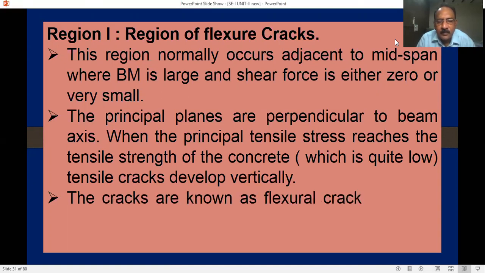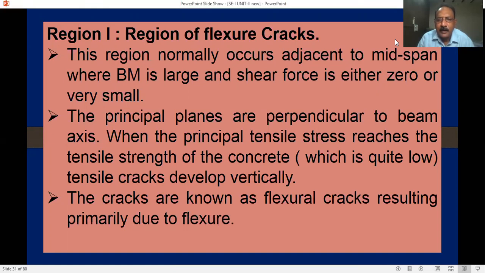If you see the bending moment and shear force diagram, you can understand this sentence clearly. I will explain it.